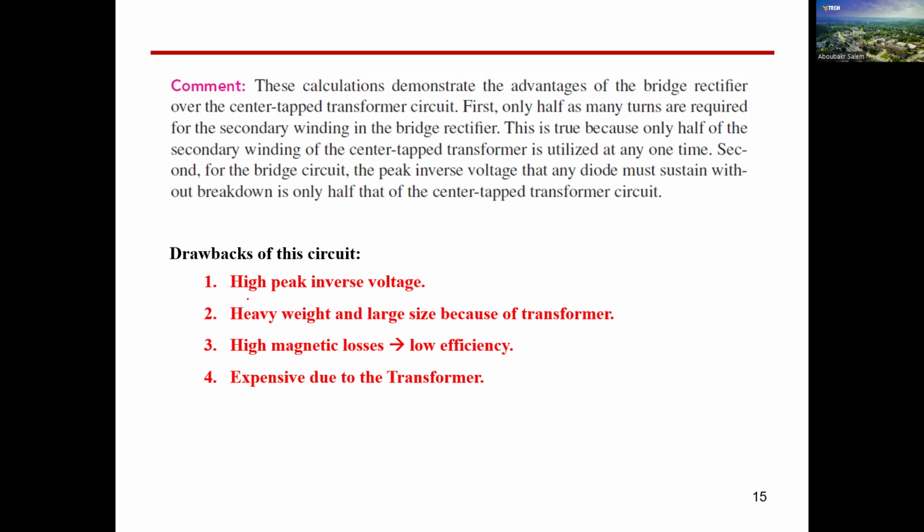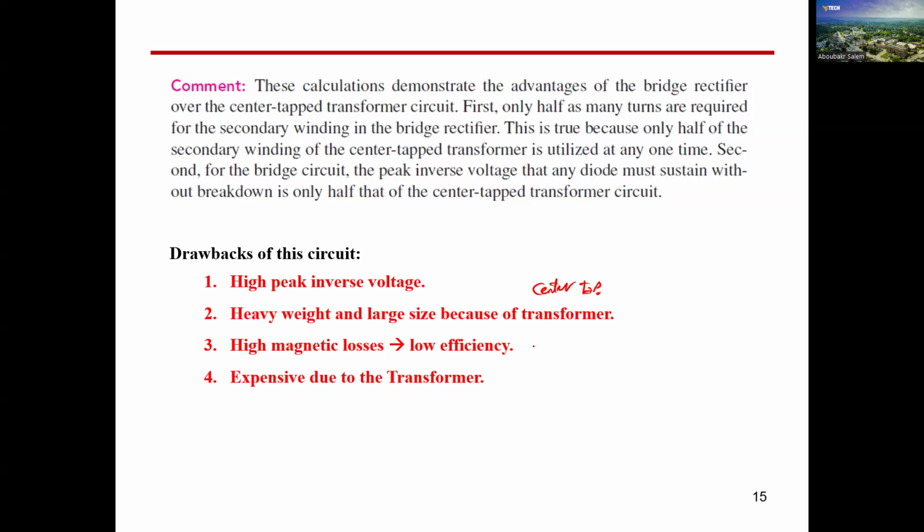The drawbacks of the center tap circuit: high peak inverse volt, heavy weight and larger size because of the center tap transformer, and high magnetic losses. Why high magnetic losses?